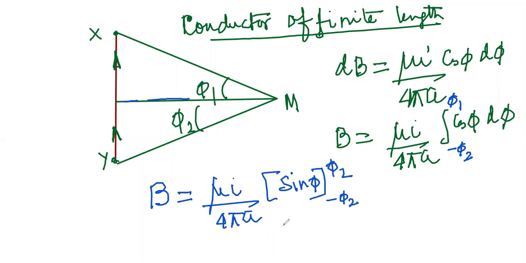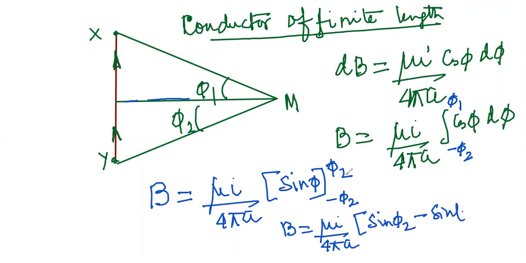Putting the values, we get mu I by 4 pi a into sine of phi 1 minus sine of minus phi 2. Minus and minus becomes plus.